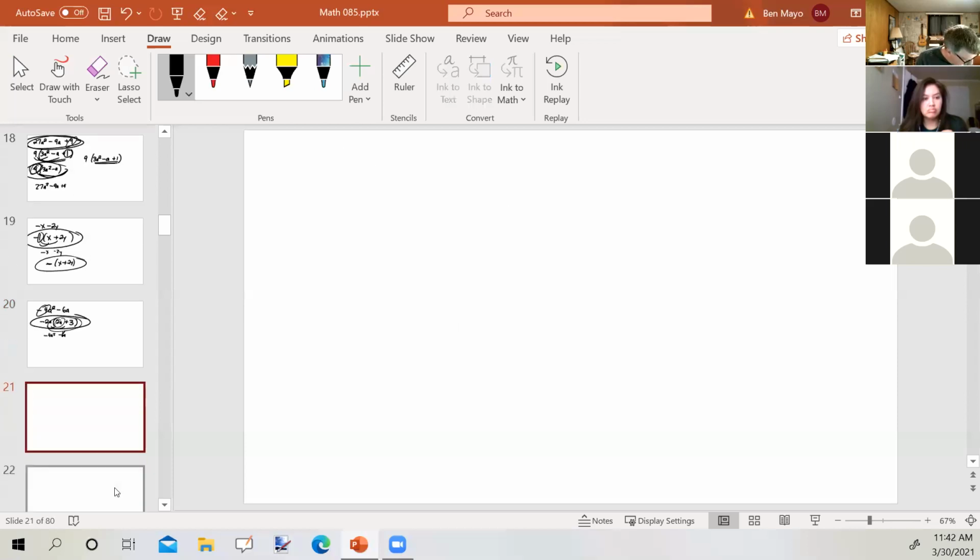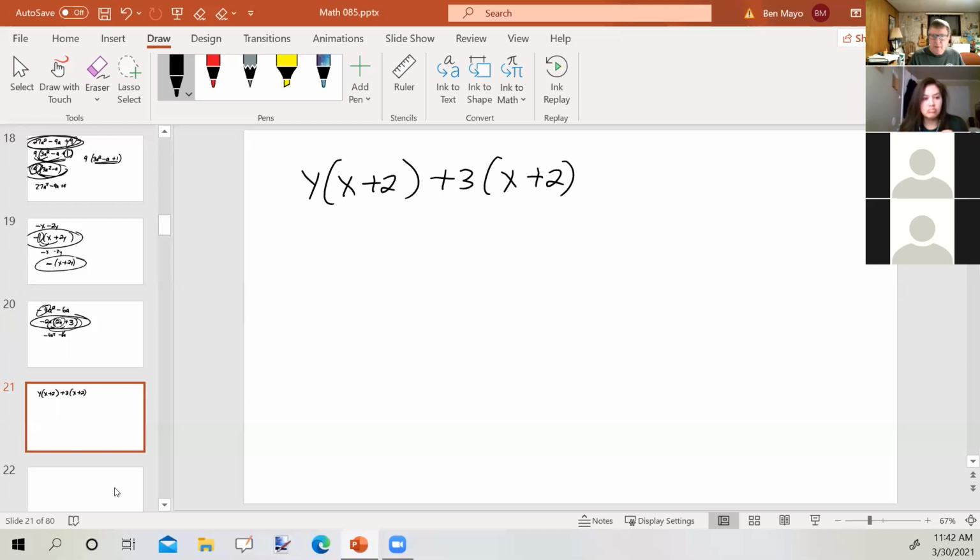Okay, now, let's see here. y times the quantity x plus 2 plus 3 times the quantity x plus 2. Now the directions say factor. So what we're going to do, we're going to take out the greatest common factor.